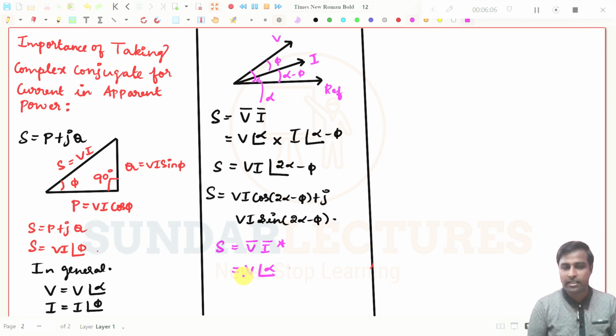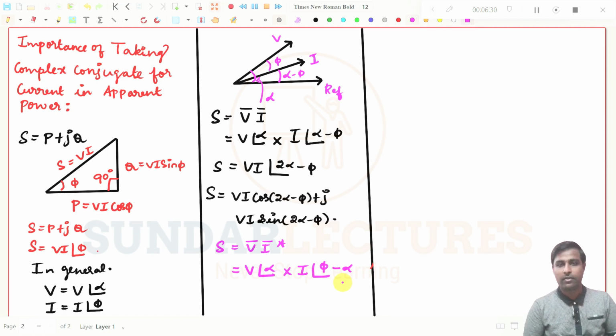We will write like this, into, I need to take the complex conjugate of I. We know I is at an angle of alpha minus pi, and we need to take the complex conjugate. What happens to this angle? It will be inverted. So minus alpha plus pi, which is pi minus alpha. We will get like this.